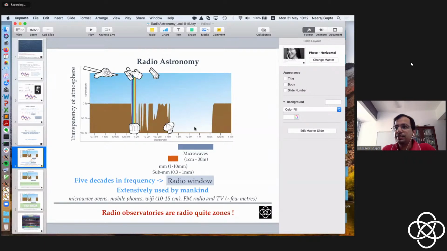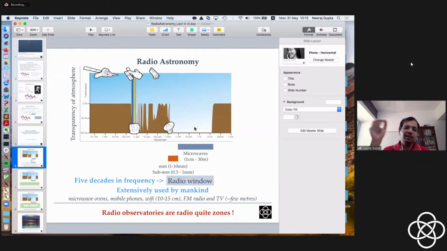radio transmitters, right? So a very important part of radio astronomy is to build radio telescopes at places where there is very little radio frequency interference. This means that you go to very far off places on Earth where there is very little population, very little modernization, far away from cities, so that you can find places where there is as little radio frequency interference as possible.